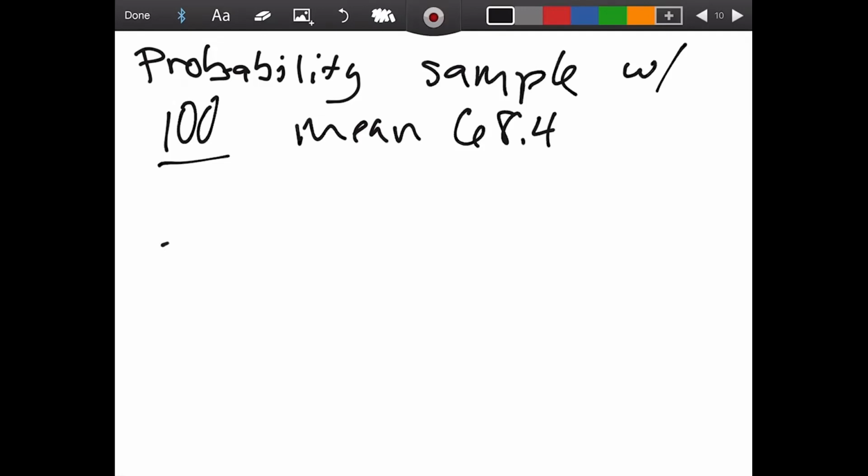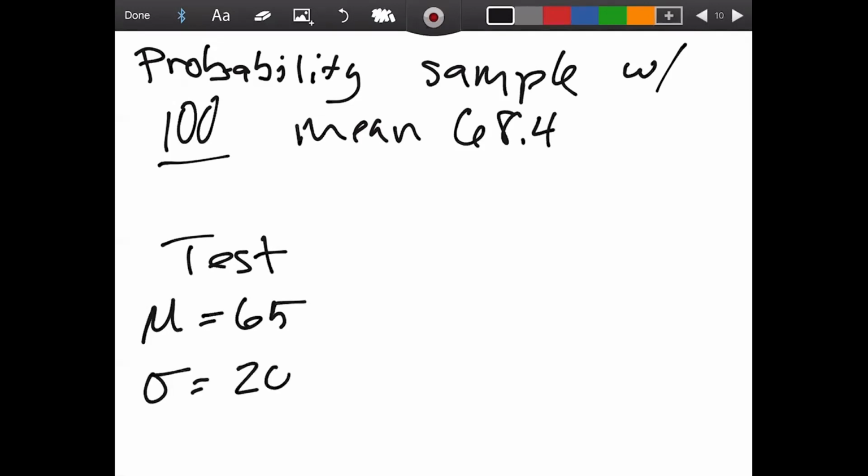And we know a couple things about this test. We know that it has a mean of 65, and that has a standard deviation of 20.